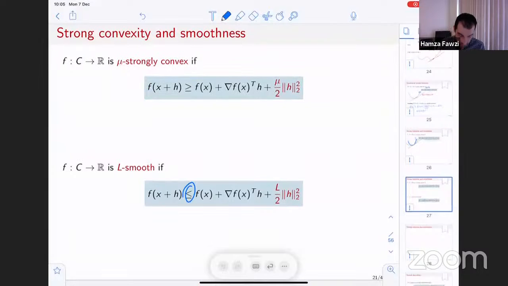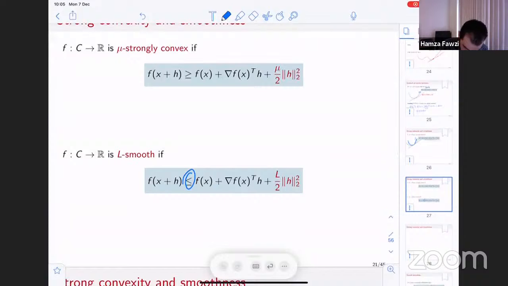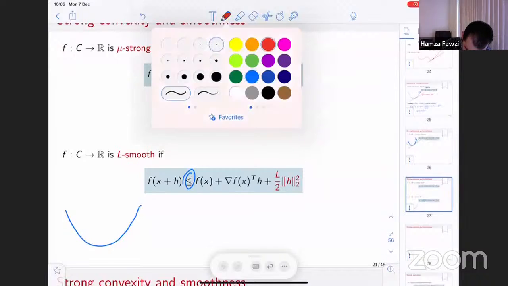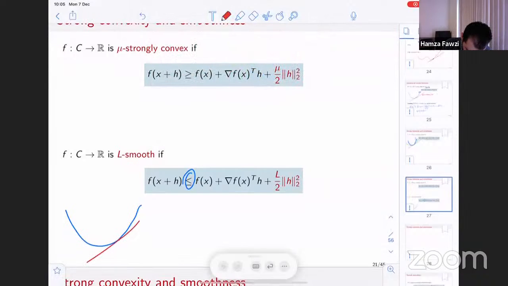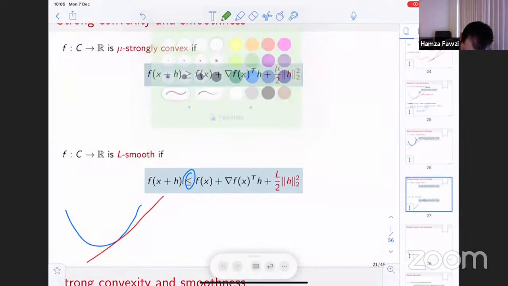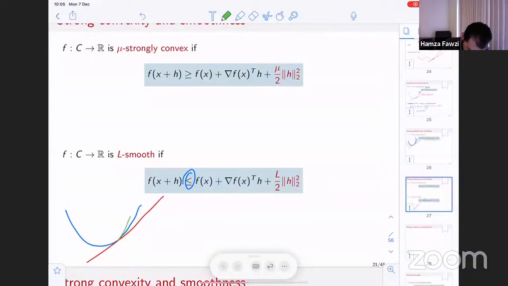What L smoothness tells me is that, recalling I have the linear approximation, I have an upper bound on my function as a quadratic.